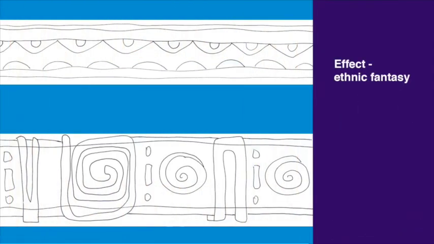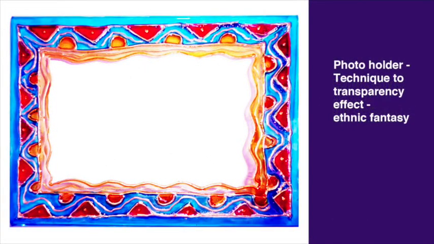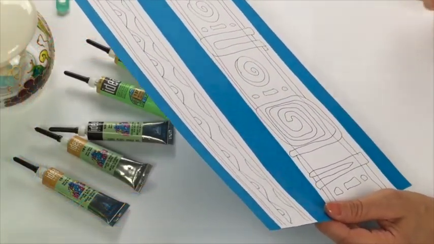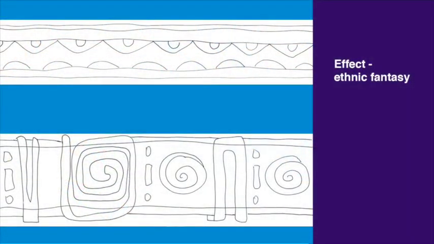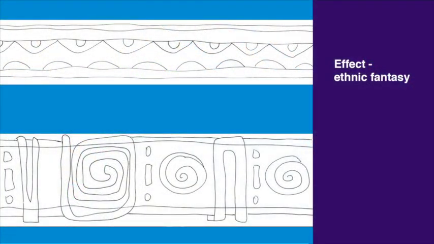As you can see from this slide, I drew two ethnic decorations. The first at the top is what we drew on the photo frame in the previous lesson. The second is another ethnic design, a little more challenging, but you see that in both cases the characteristic is the continuity of the line.